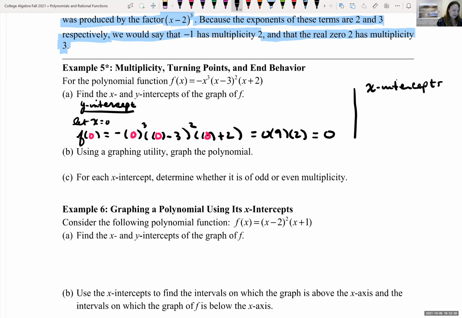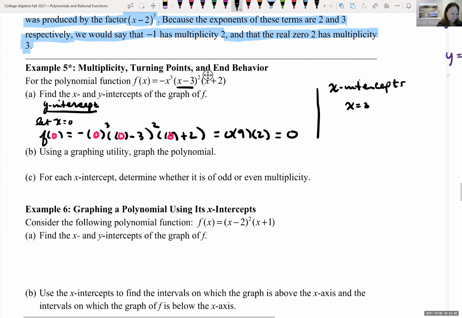So let's list the x-intercepts and state the multiplicity of the 0. So x minus 3 is equal to 0 when x is equal to 3, and this has a multiplicity of 2. X plus 2 is equal to 0 when x is negative 2.